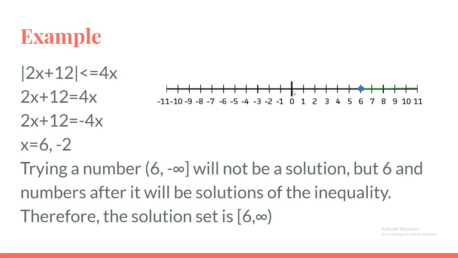So for example, if I choose 0 and plug in 0 as x, we'll get 12 is less than or equal to 0, which doesn't work because 12 is obviously greater than 0. So anything to the left of 6 won't work. And you can try it for basically any number to the left of 6 on the number line, and it won't work.